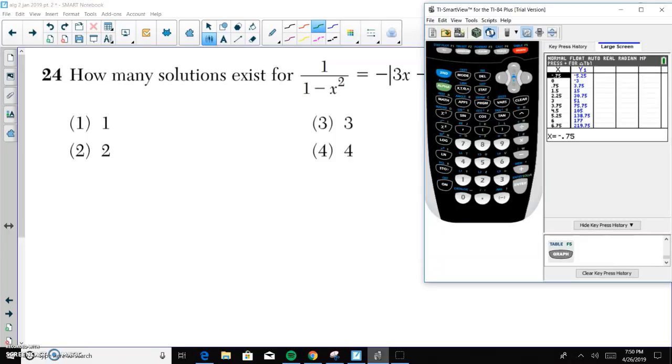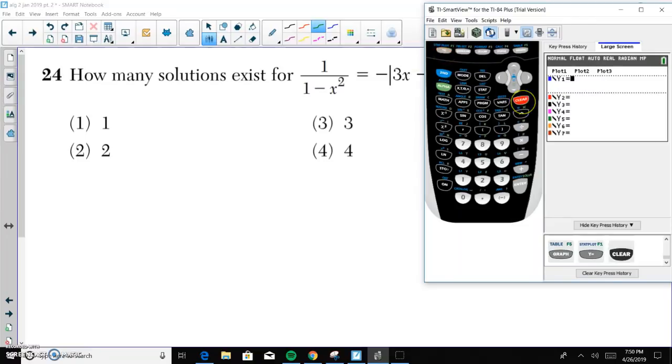Alright, so go to y equals and type in 1 over 1 minus x squared in y1, and then in y2, type in negative absolute value.